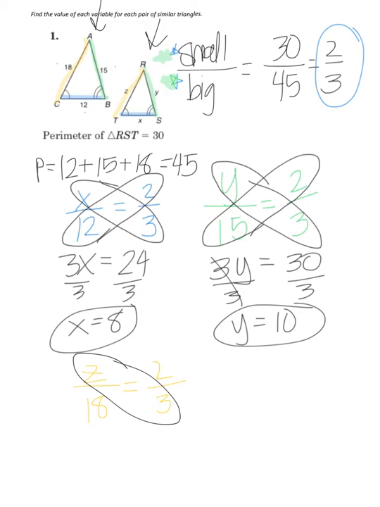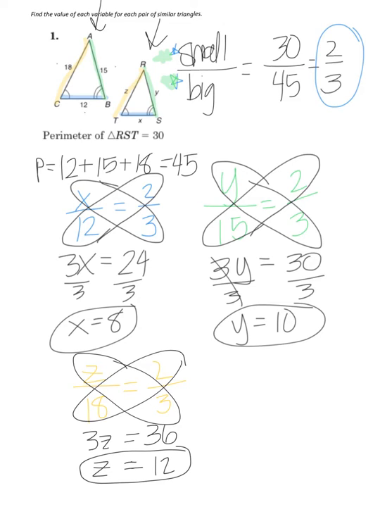So z times 3 equals 18 times 2, which is 36. Then divide both sides by 3, and 3 goes into 36 12 times. So my final answer is x equals 8, y equals 10, and z equals 12. And we found that all just by comparing the perimeters of the two figures.